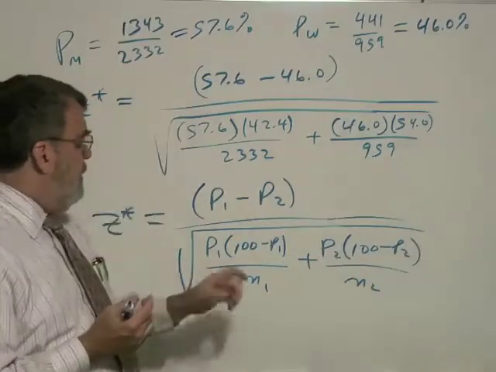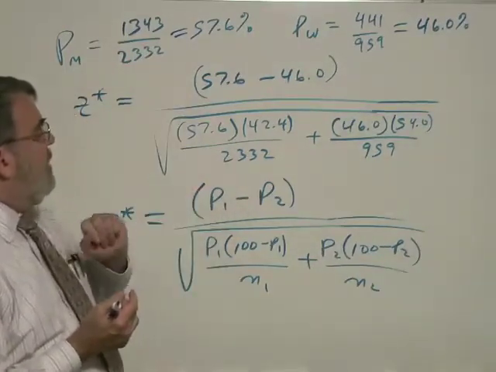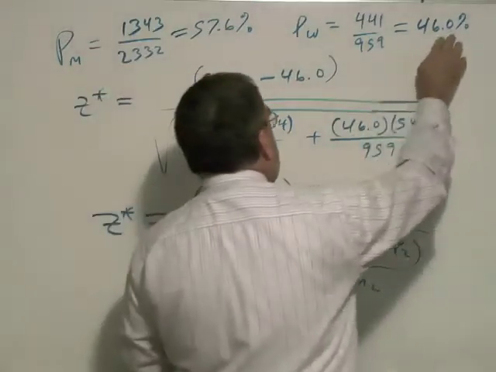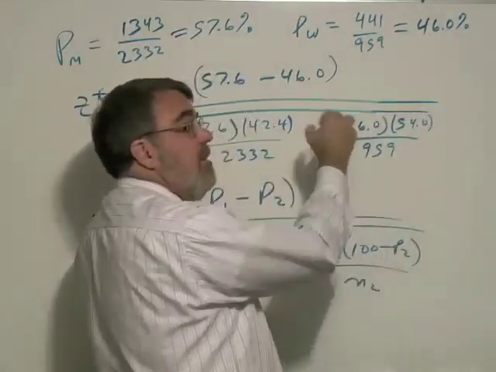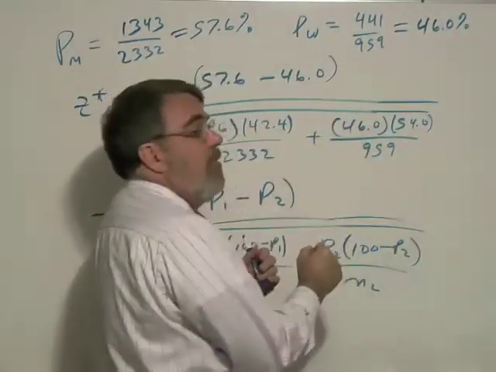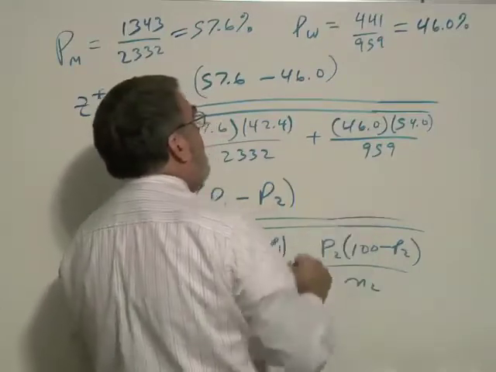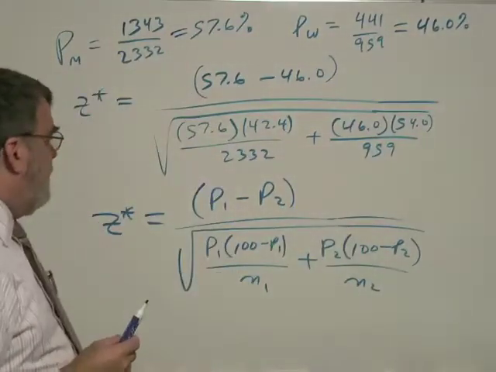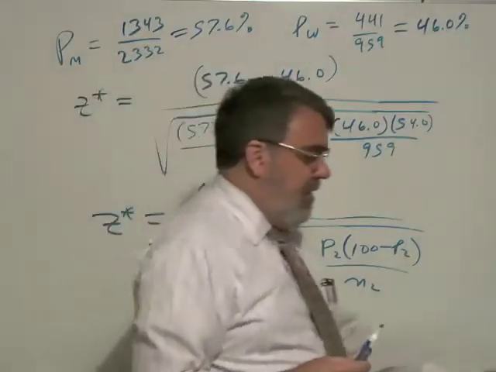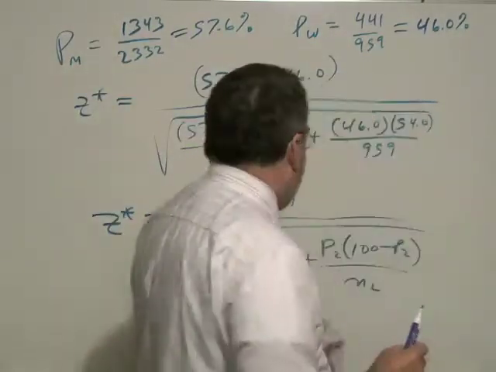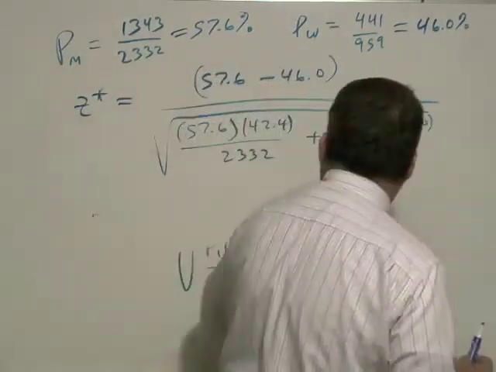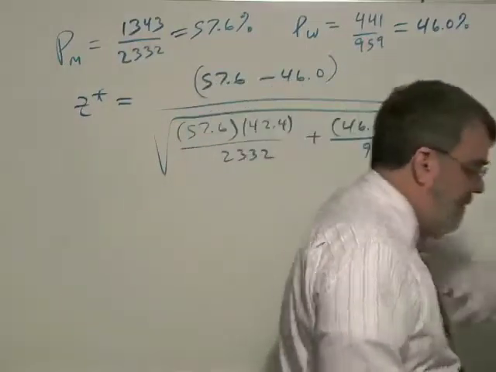That's how many men were there, so that number goes there. Similarly over here we have the women's number 46.0, its complement 54.0, and their sample size 959. So there's the calculation, and now it's time to warm up those calculators and work it out.